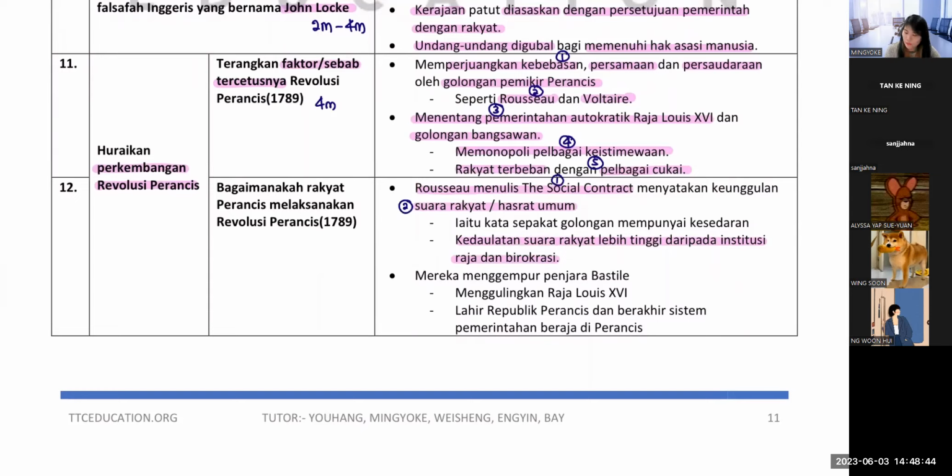Suara rakyat, hasrat umum is 2. This one is already 3. And then finally, they attack the jail to overthrow Raja Louis XVI and form a Republic Perancis. Like these are already 4, 5, and 6. So you just remember 4. Enough. Okay?